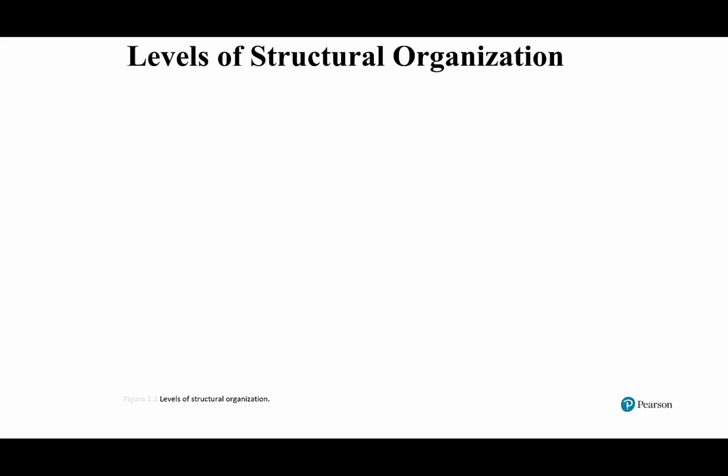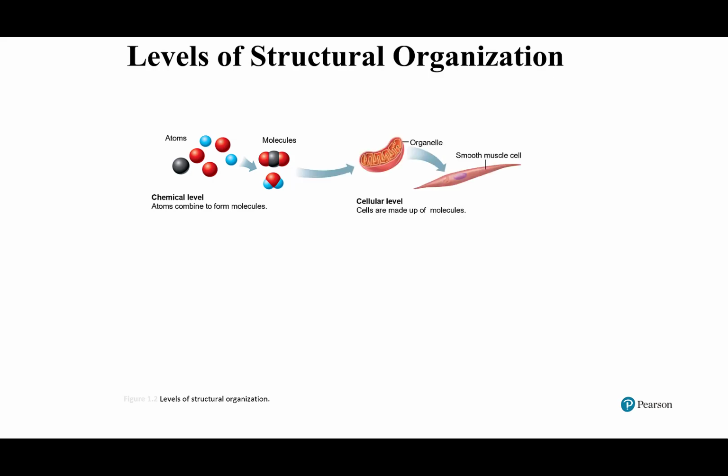Now, let's look at different levels of organization and how together they can build us. The smallest possible unit of matter is atoms. At a chemical level, atoms come together to form bonds, connecting to other atoms to form molecules.